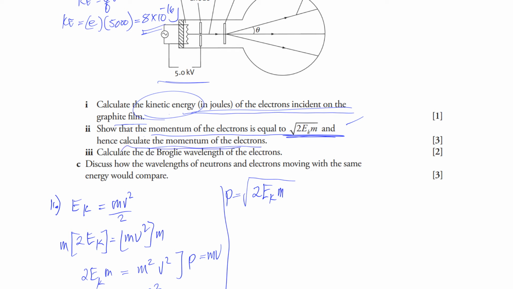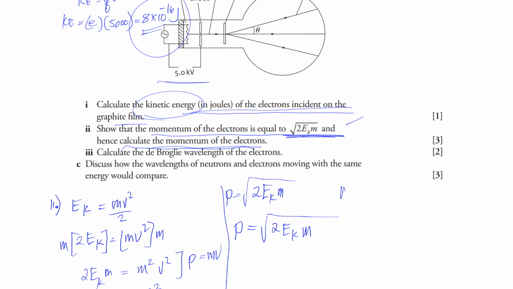Hence, calculate the momentum. Then we can calculate the momentum using the formula. Using this formula, you have your kinetic energy already calculated at the top here. The mass of electron, because it's an electron, we know the mass of electron.